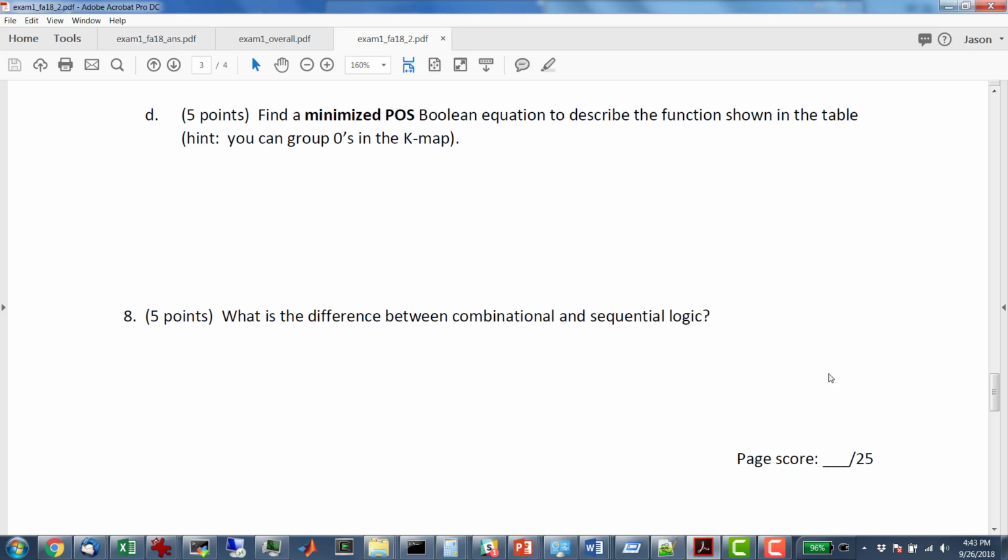It's a little confusing because we also learned that in a combinational logic circuit, there's no memory, but the outputs don't necessarily change as soon as you change the inputs because there's propagation delay. So even though there's no memory in a combinational logic circuit, there's still capacitors that have a quasi-memory effect.